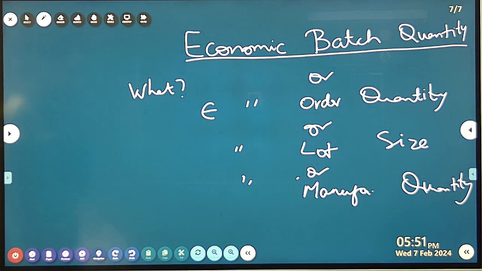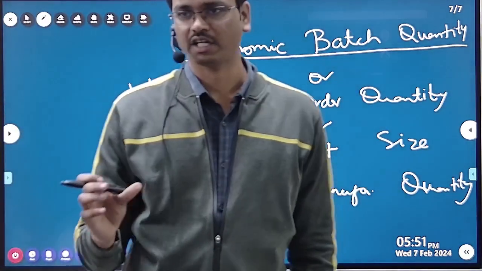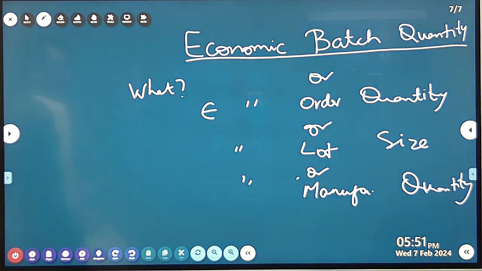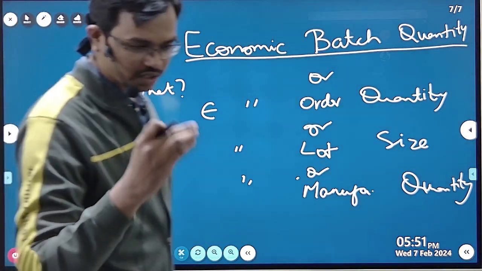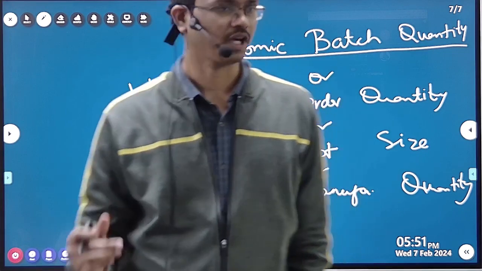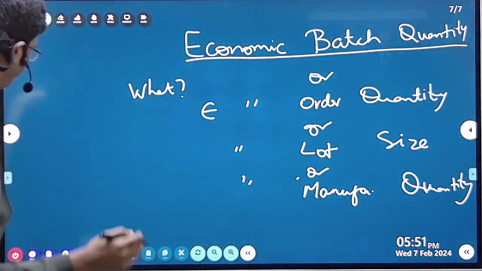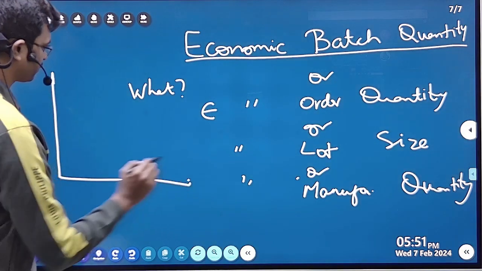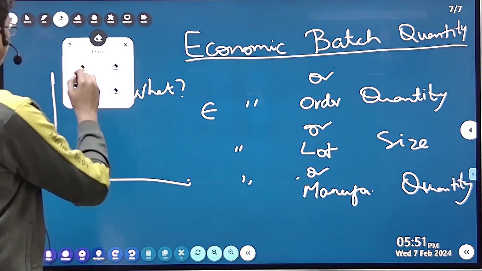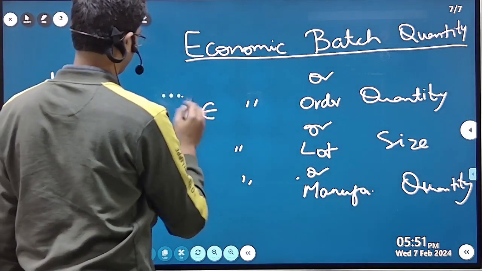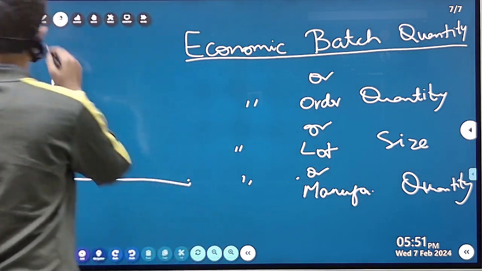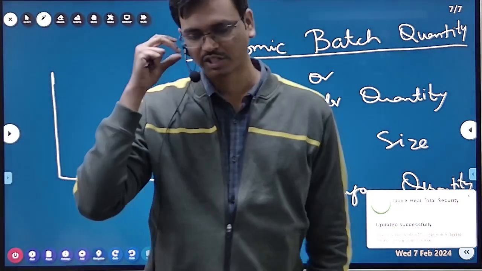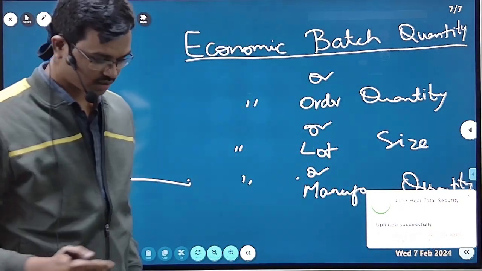So it is the quantity in which you manufacture your goods so that the cost per good is minimum. Okay, so say you are a manufacturing company, and there's something called setup cost.